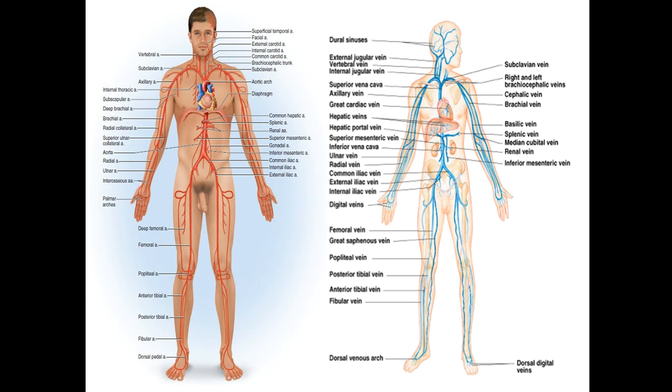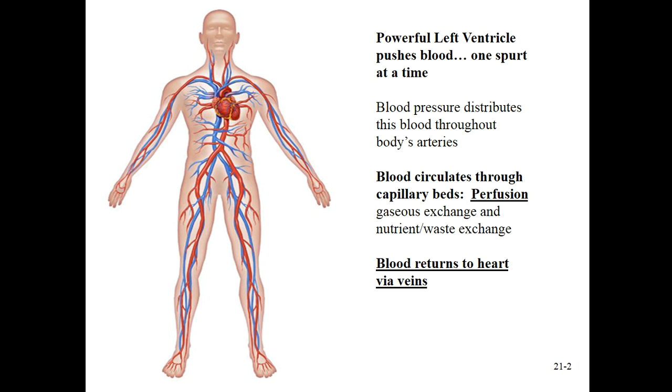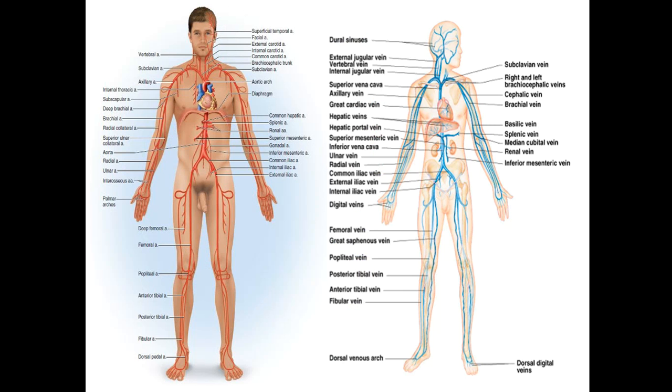I wanted to separate the arterial and venous portions of the systemic circuit for you, and so I used these two pictures. It's helpful when we're trying to conceive this idea to see them together, but it's a lot. It's really busy, and so here we get to spread them apart, and that's really our major task in lab in the next week, is to be able to visually identify these.